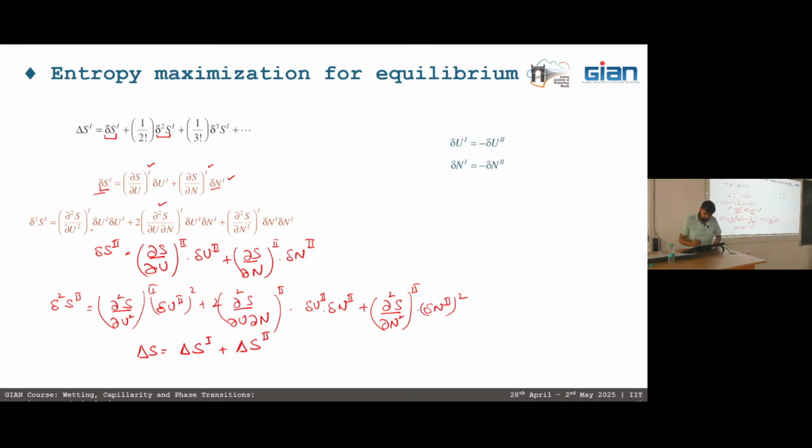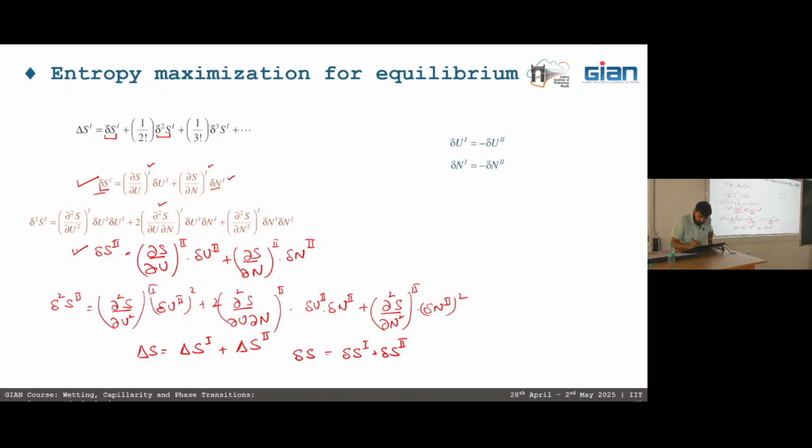First I am writing it for delta S, the change in entropy for the total system; its first derivative is equal to delta S1 plus delta S2. Now delta S1 is given in this equation here, delta S2 we have also written here.